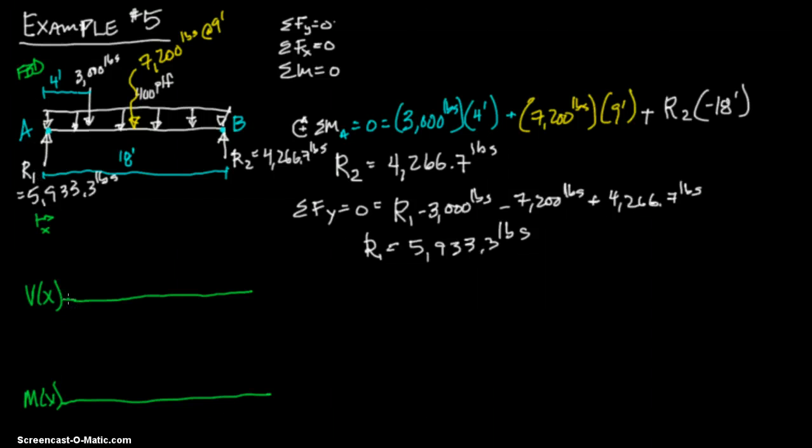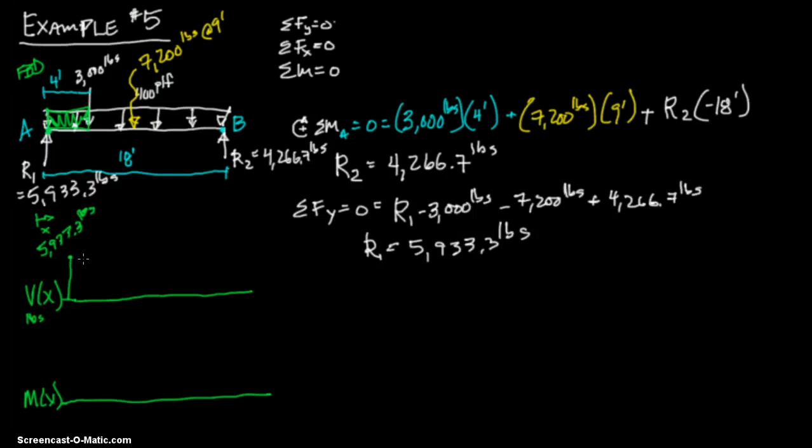All right, so if you remember shear, we start to the left, we go up what it is. We go up 5,933.3 pounds. And remember, I typically will do this, but you could label it if you have enough room. I just find that I run out of room on this. And then I'm going to go down at a slope of negative 400. But what you do is you went up, and then you want to go down this area right here.